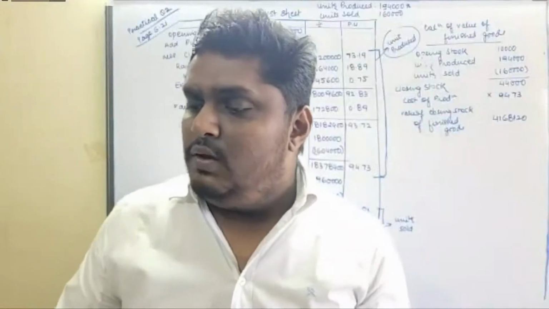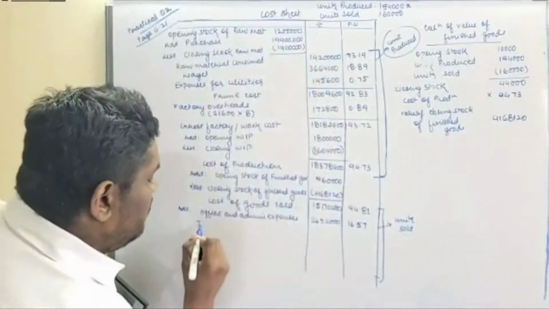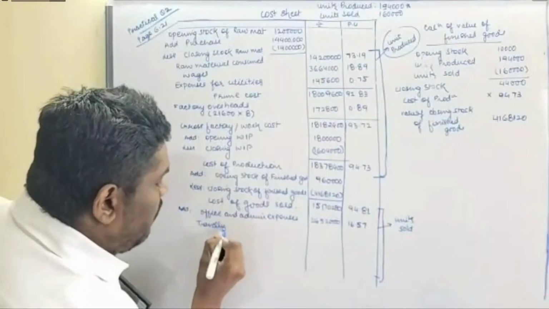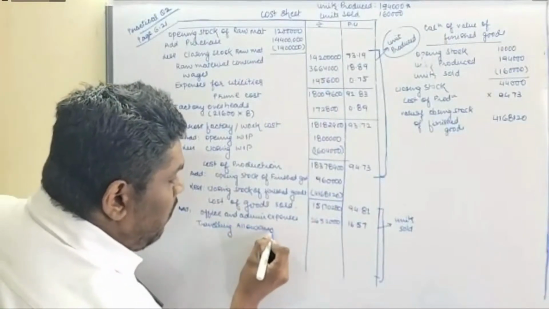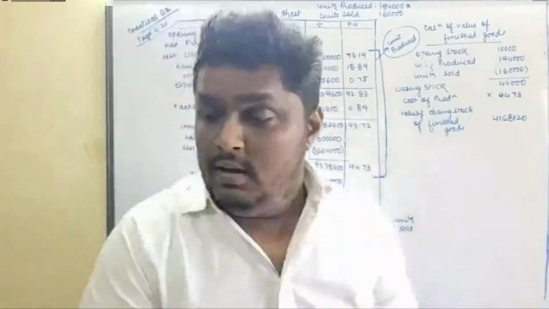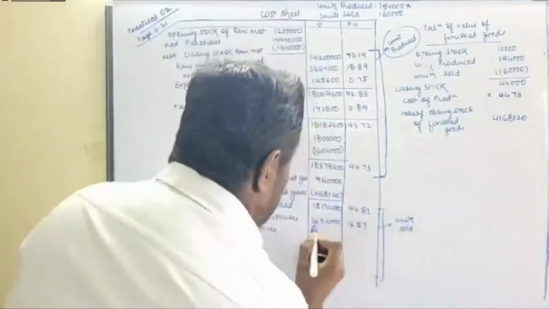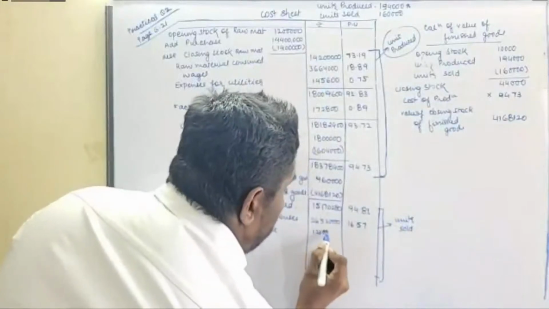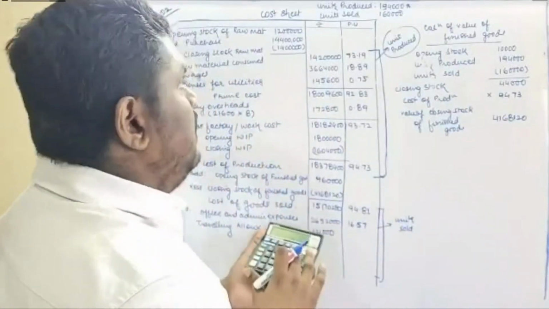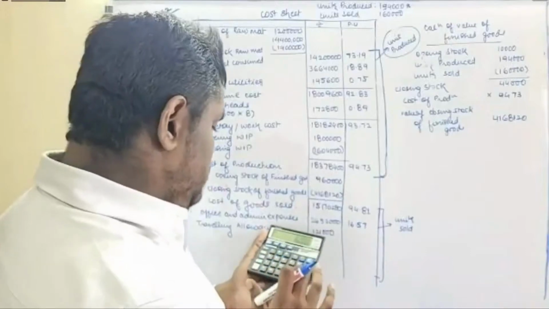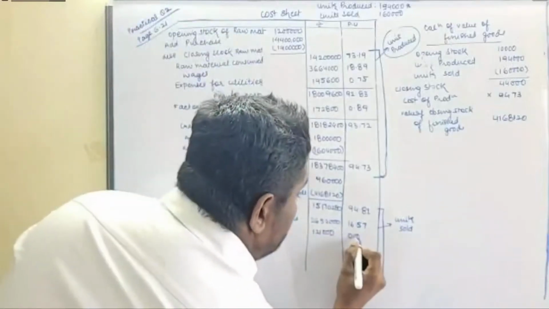Next is traveling allowance paid to office staff. The total amount is 1,21,000 divided by 1,60,000. So let's write it 0.76.